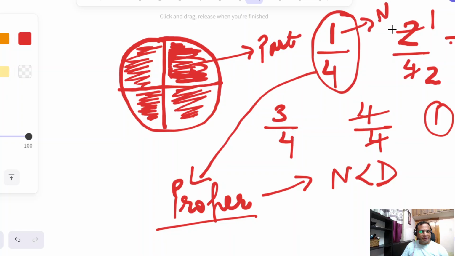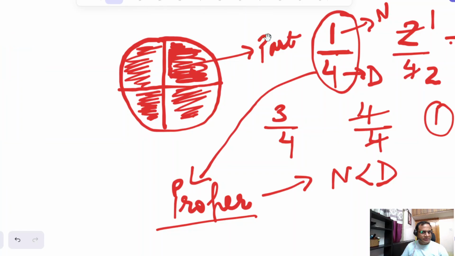The number above this sign is called the numerator, and this one is the denominator. So whenever the numerator is lesser than the denominator, or in other words, when the denominator is bigger than the numerator, those fractions are known as proper fractions.